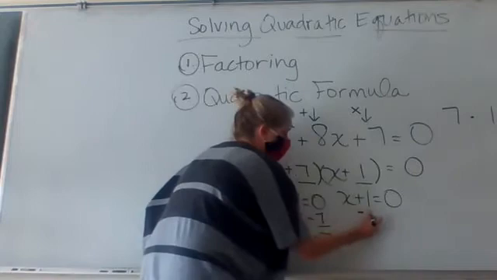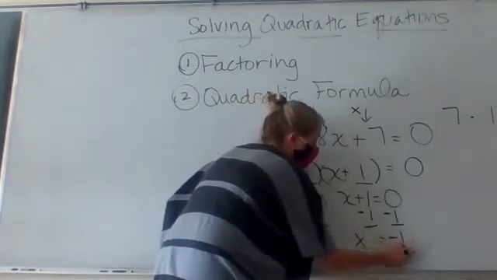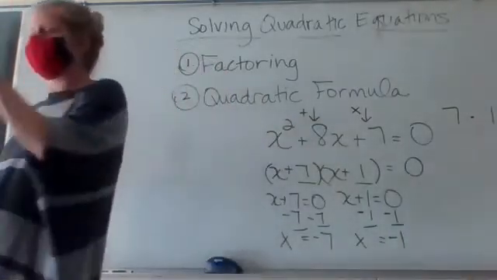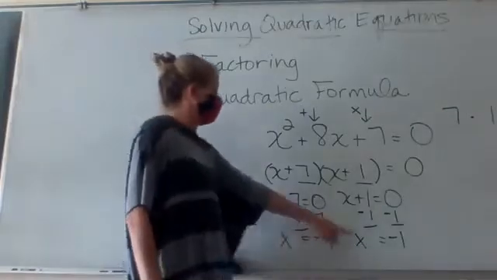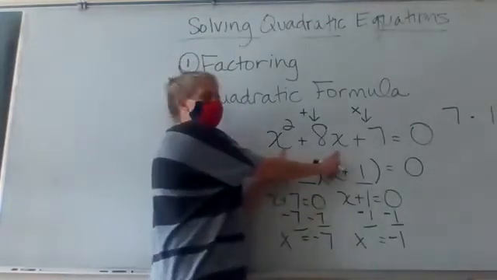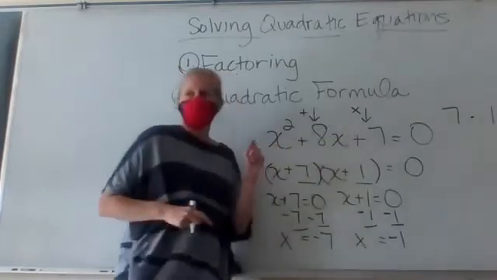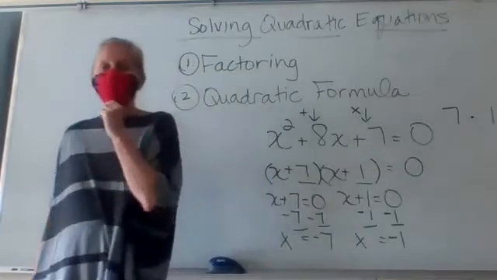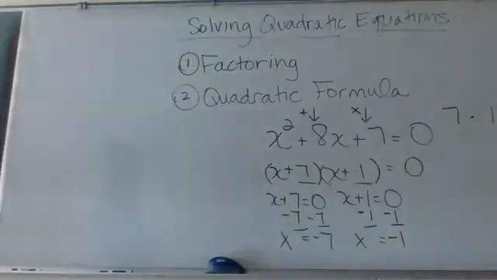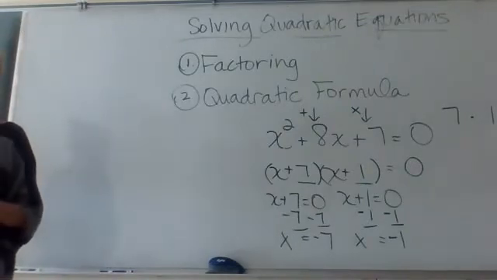And solving this one, I would subtract the 1 from both sides to get x equals negative 1. So those would be your two answers. If you plugged in negative 7 or negative 1 for these x's, this whole side would turn into 0 to equal the other side. There are two solutions that make that true instead of just one like a normal linear equation.